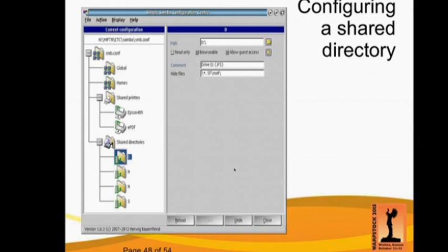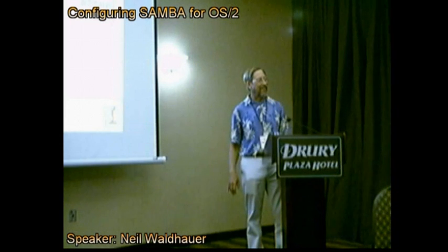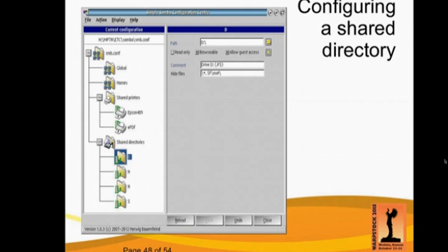I guess hide files works. Hide files? I haven't tried. I'm thinking, gee, that'd be really good for Mac users. That's something to try. Can I hide all those files that the Mac drops all over your Samba share? That'd be a nice service.